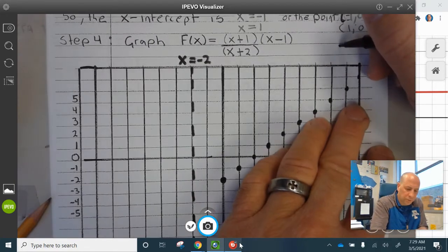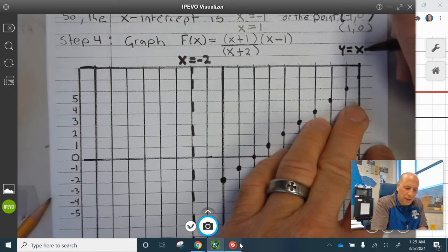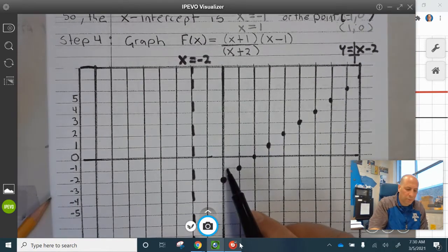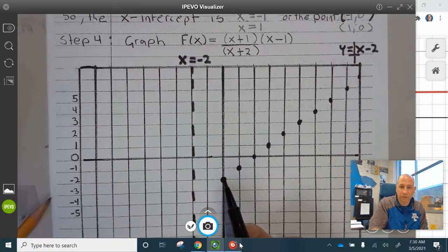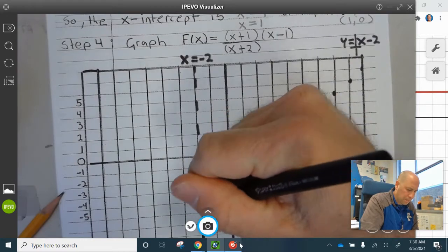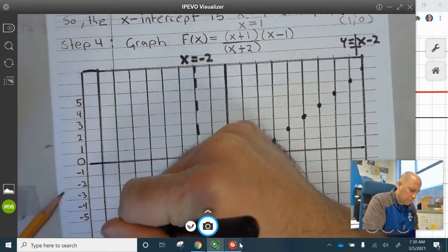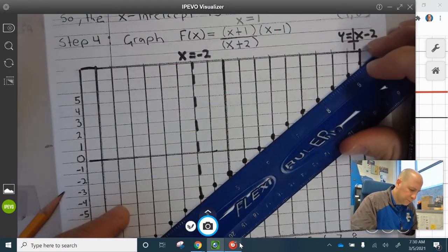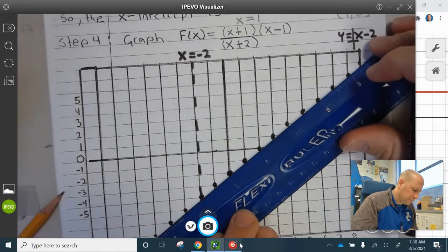So this is y equals x minus 2. And that's technically 1 divided by 1. So that's where the slope up 1 to the right one comes from, and that's why we start at -2. Okay? Now, that is an asymptote, so we're going to dash the line.